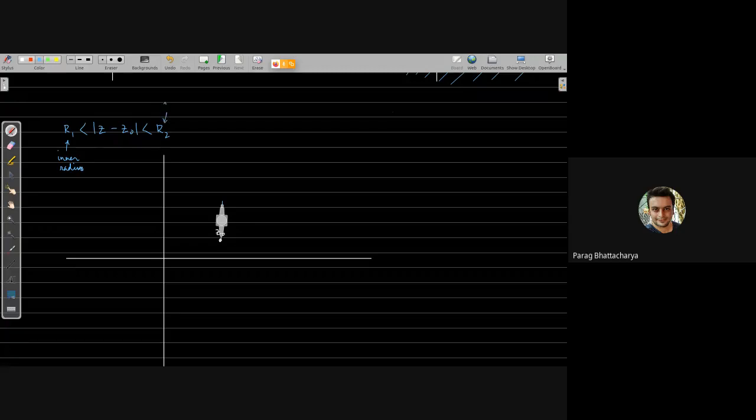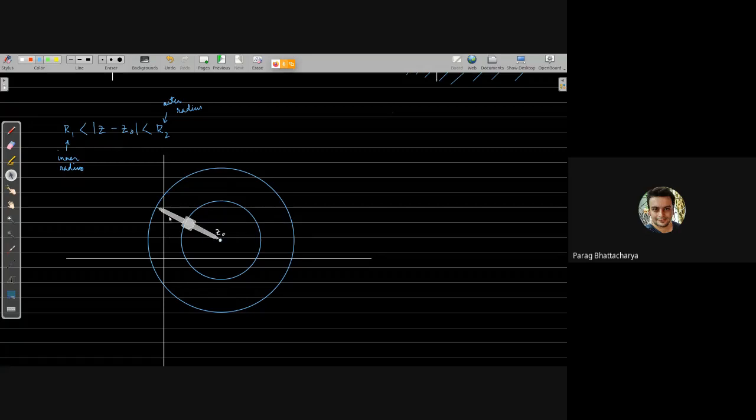So let me go ahead and draw a circle with the inner radius R1 and another circle with the outer radius R2. This is what we have. This is your inner radius R1 and this is your outer radius R2.